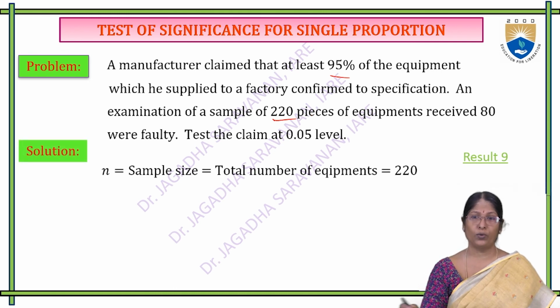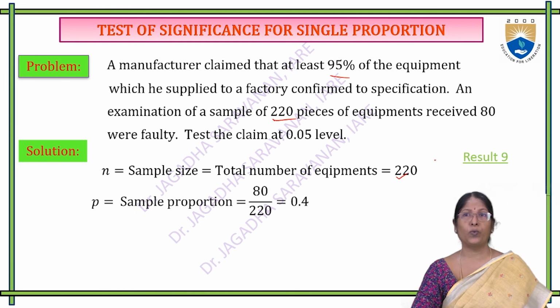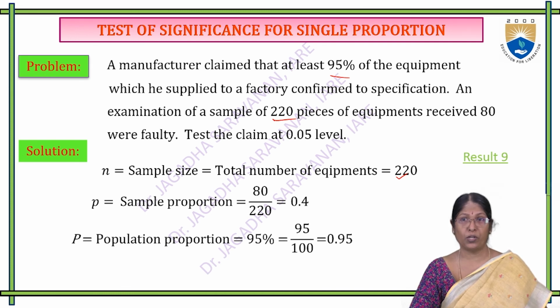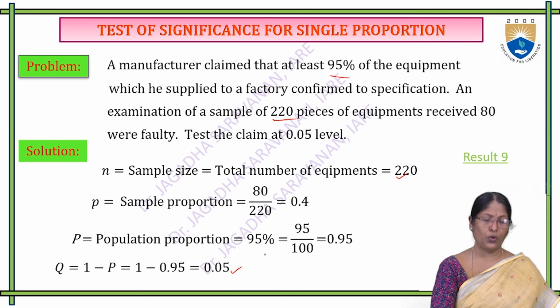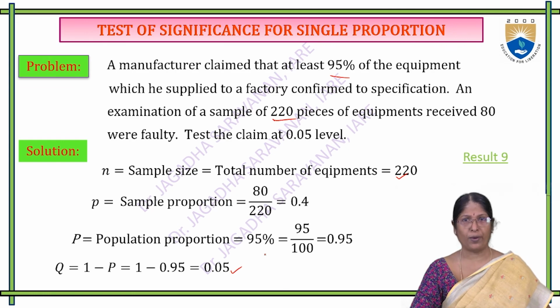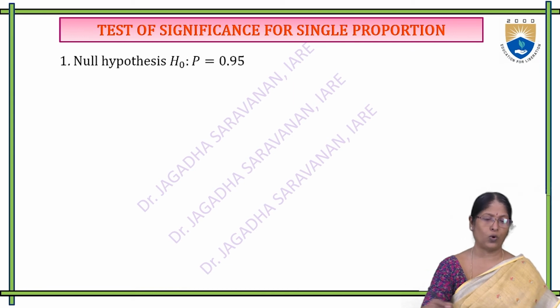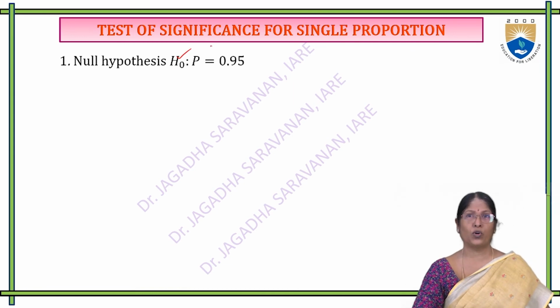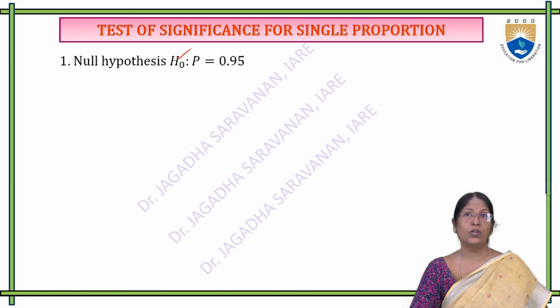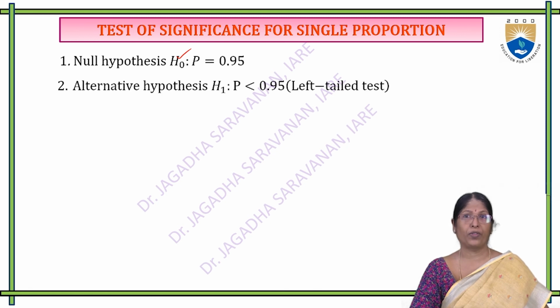So n is equal to the total number of equipment, 220. What is the faulty proportion? Here 80 divided by 220 is 0.4, and the population proportion is 0.95. So capital Q is equal to 0.05. The null hypothesis that we defined is H naught: capital P equal to 0.95.